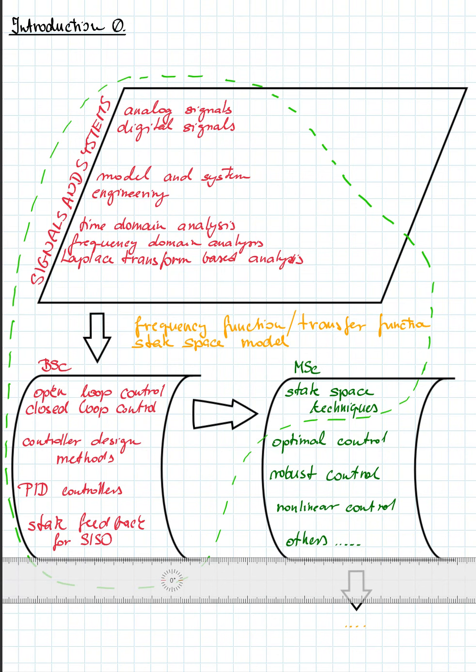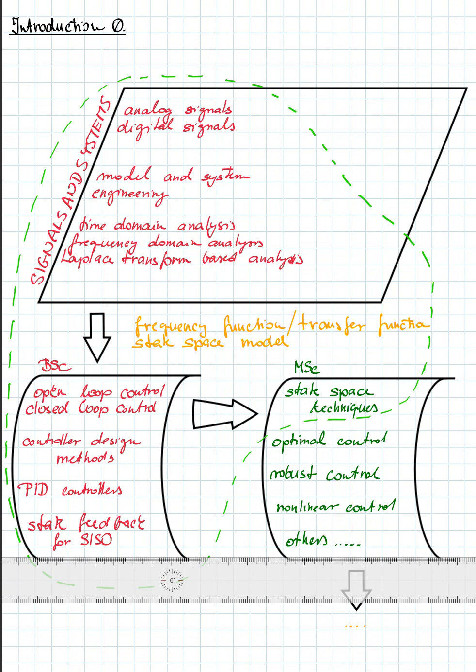So there are two major directions. The first is the open loop control and the second is the closed loop control. We study some controller design methods, typically the PID controllers, it's a classical technique, and some introduction to the state feedback control for single input, single output systems. This is typically used in the BSc curriculum.